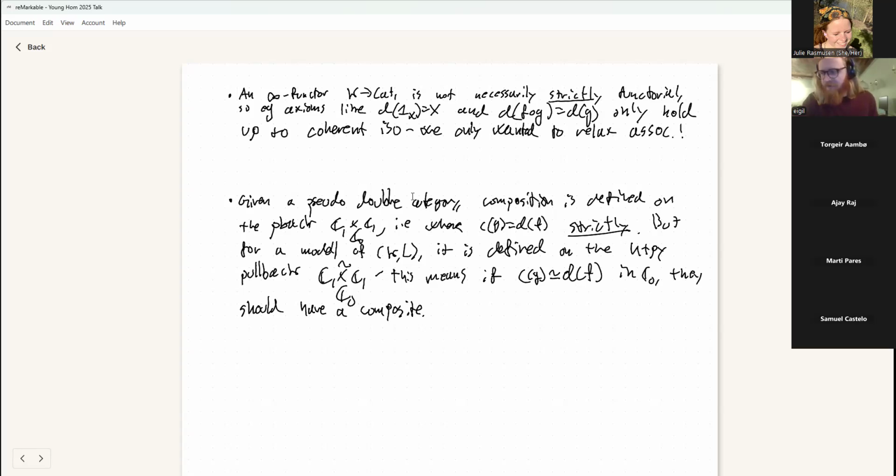The other problem is that if you have a Siegel category, then your composition is defined when the codomain of one morphism is just isomorphic in the vertical category to the domain of the other morphism, which is too strong. You have too many compositions.